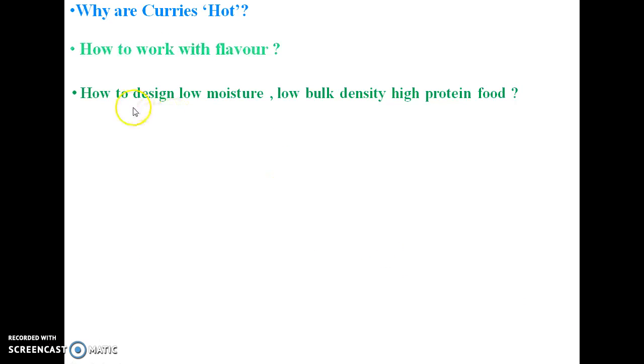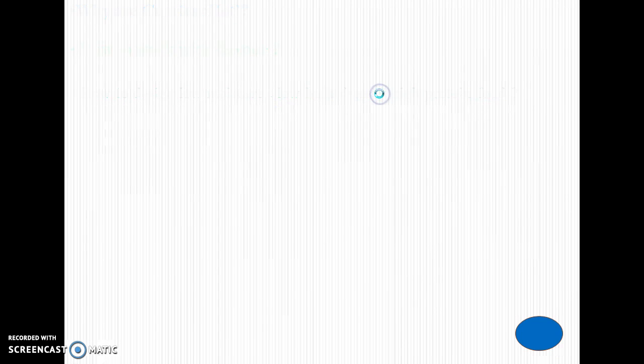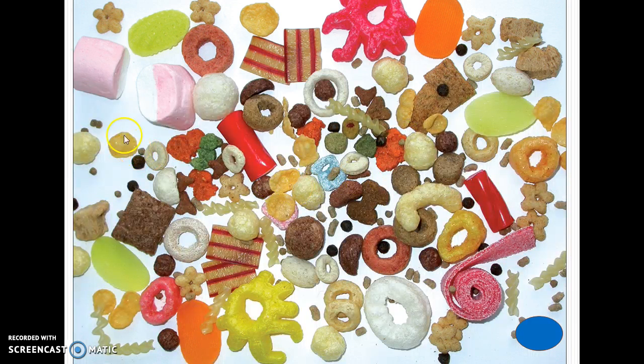So if you go for designing a product which will be very light in weight, very crispy, with a high water absorption index and crunchy, how can we get it? Again these are the pictures. These are looking like plastics.